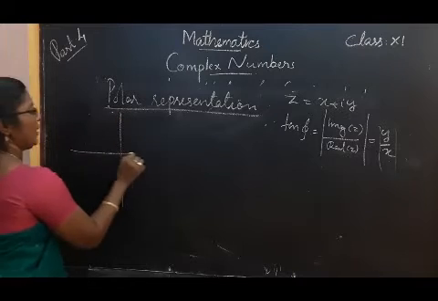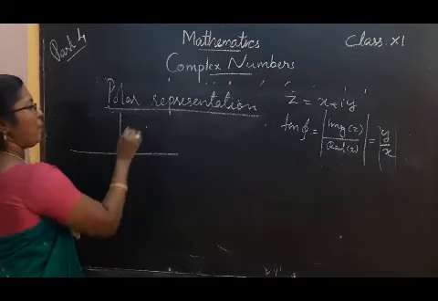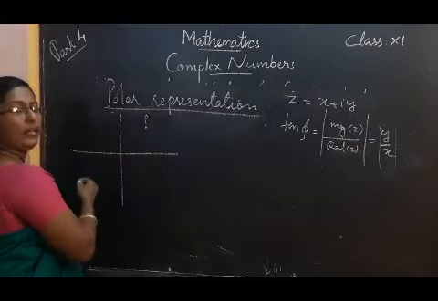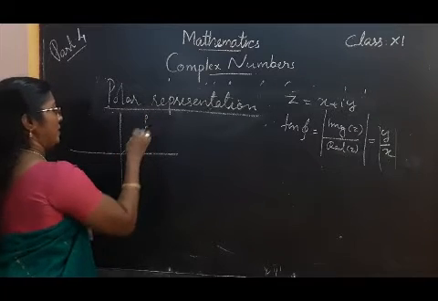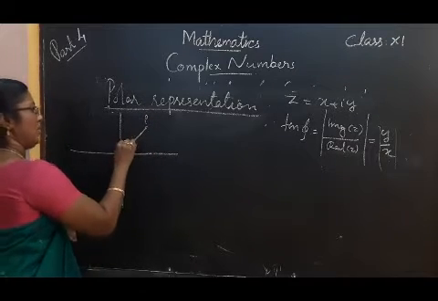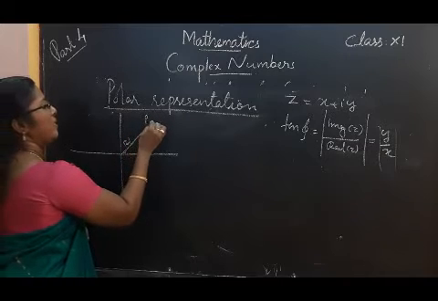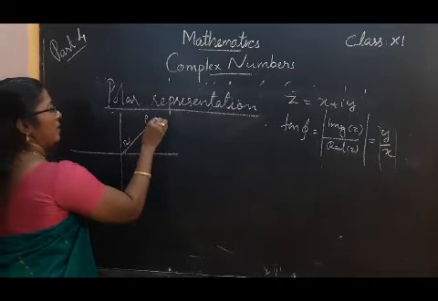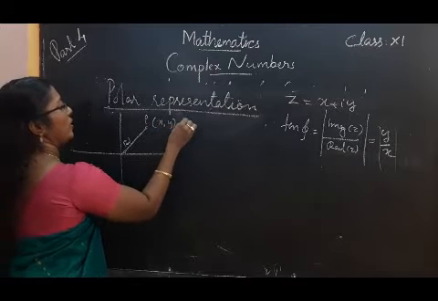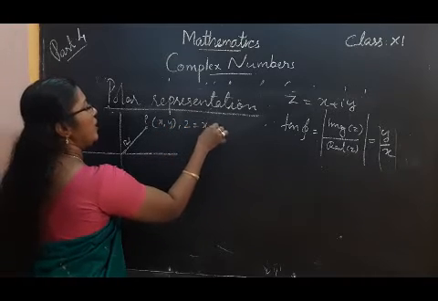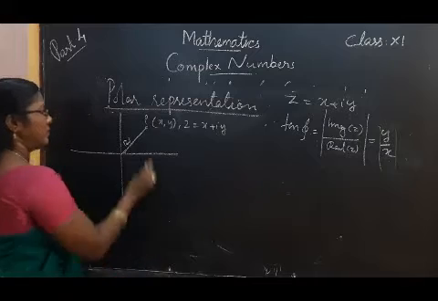In the first quadrant, let us consider the point P. This is the modulus of z, with P as (x, y), or in complex form z equals x plus iy.